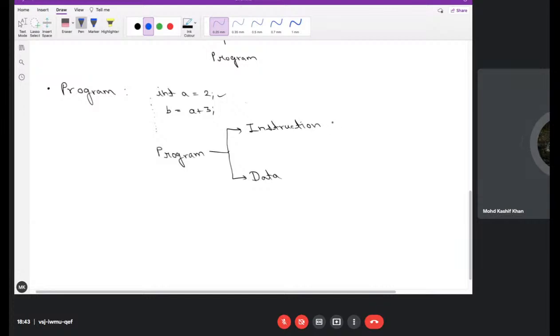So write that instruction is some binary code bound with an operation.